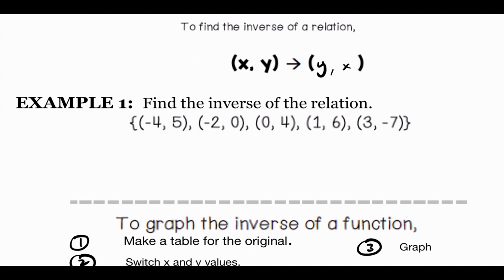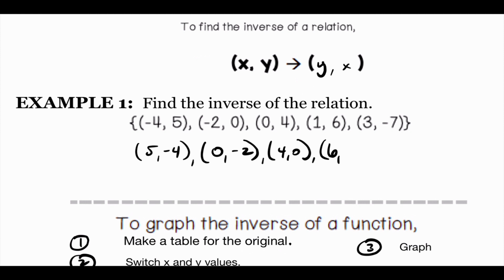So example 1, if I wanted to find the inverse for this function here, instead of -4, 5, instead of going left 4, up 5, I would have to go right 5, down 4.